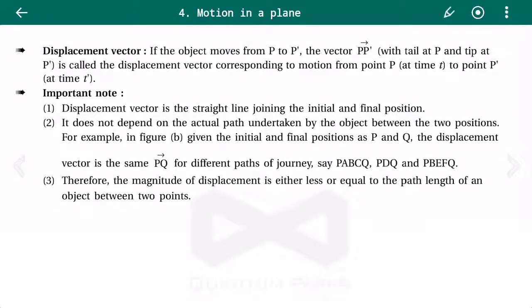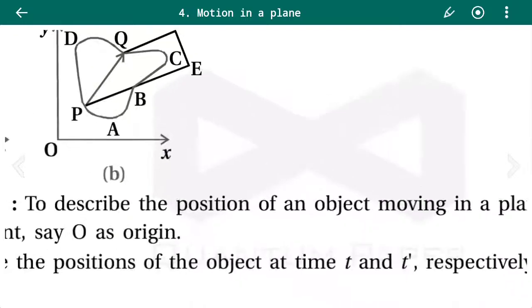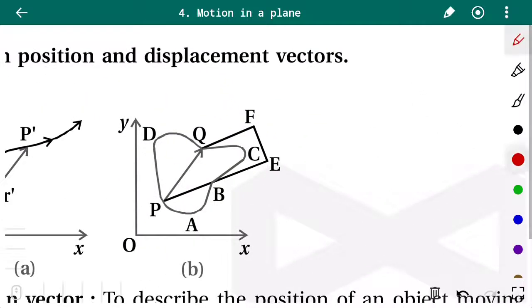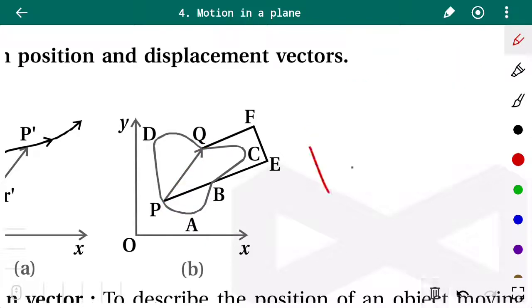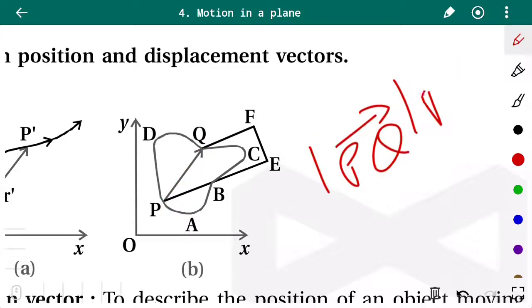Third, the magnitude of displacement is either less than or equal to the path length of an object between two points, right? So if the object is moving directly from P to Q, then the magnitude of the displacement will be equal to the actual path PQ, right? So path length and displacement will be the same.